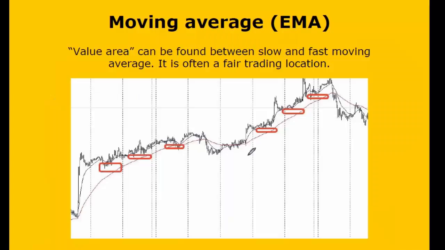For example, when you see fast and slow moving averages going in the same direction, and the fast moving average starts to move away from the slow moving average, and you see that the distance between them starts to become greater, and when the price pulls back to this area, we can capture a trade here, right?